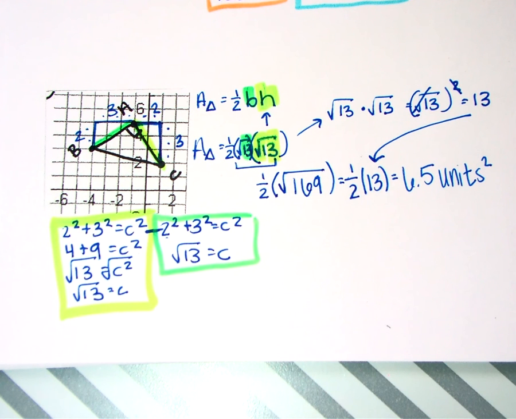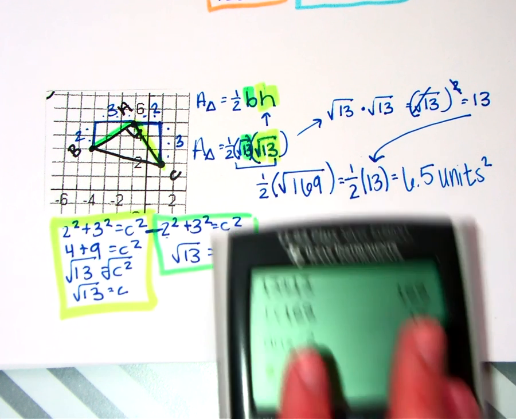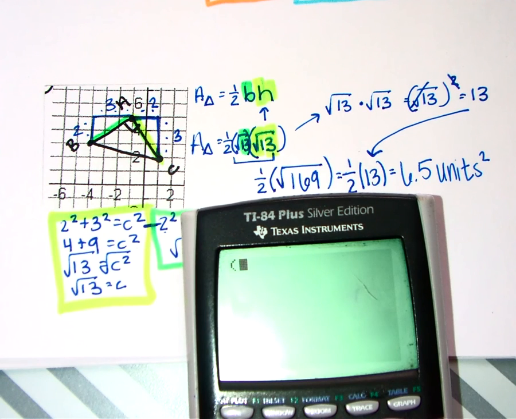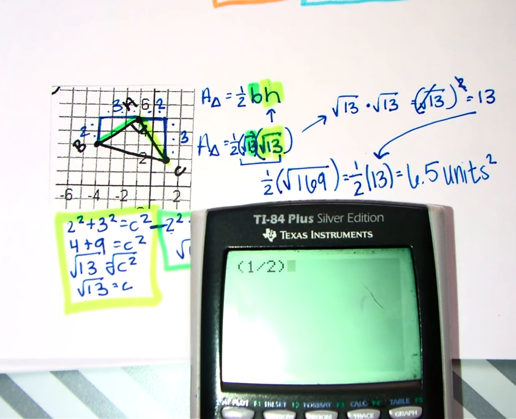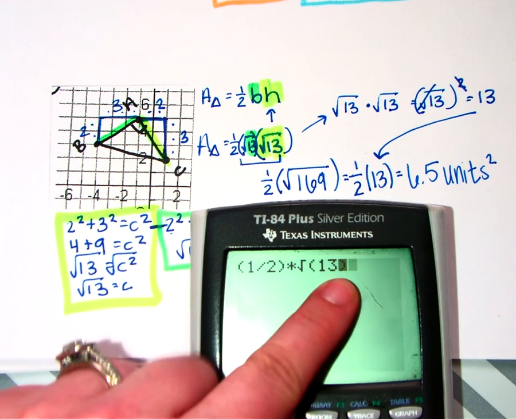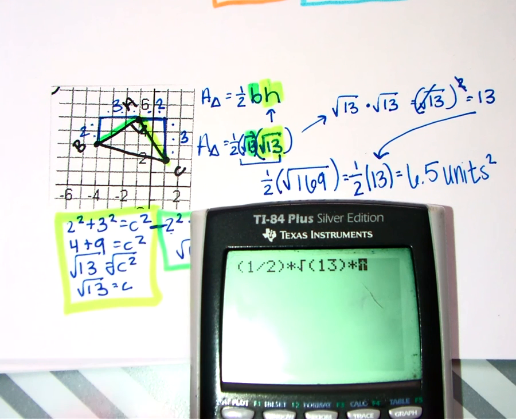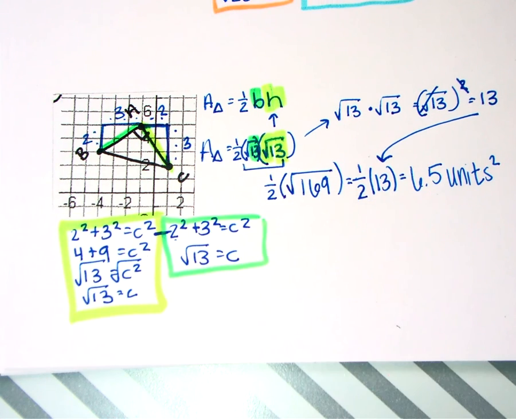You can type it straight into your calculator if you want, and it would simplify it for you. Just be mindful, if you do, make sure you put the 1/2 in parentheses. Then you're going to do times the square root of 13. Make sure you close it, times another square root of 13. And again, 6.5. So there's multiple ways to do this kind of problem. Your choice. Let's go ahead and do perimeter now.